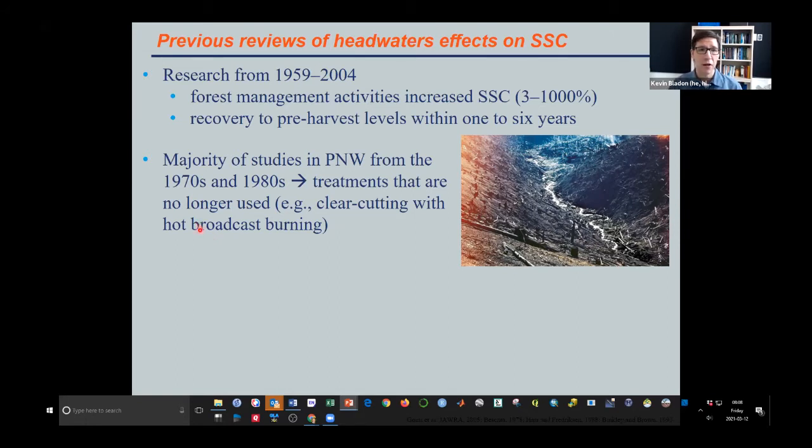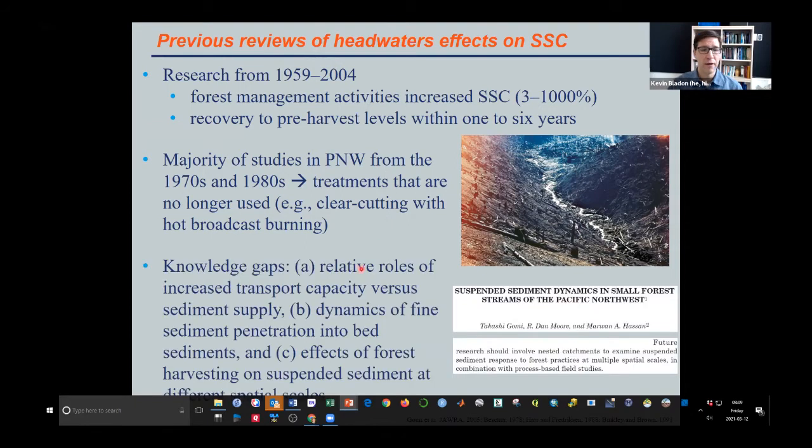We had little to no riparian areas like we had in the Alsea. This isn't how we operate any longer. Our roads were much more connected to the streams than they are today. And so I think it's important to keep that in mind as we look back over our shoulder at historical research, but I think it is relevant and important to do that.